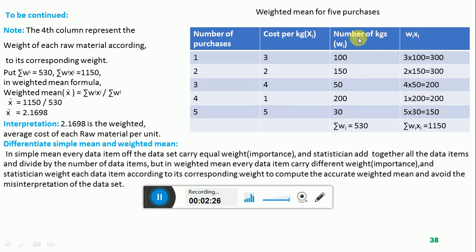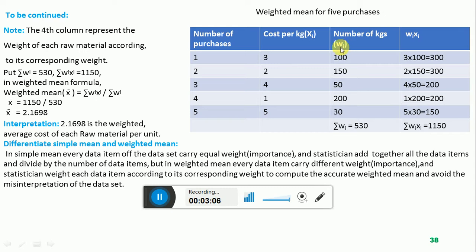The third column represents the number of kgs, for which we use the symbol Wi, the weight of each raw material. W stands for weight, or the number of kgs that the company is required to purchase of the 5 raw materials. If i is 1, W1 represents that the company needs 100 kgs of the first raw material. If i is 2, W2 is 150 kgs of the second raw material.